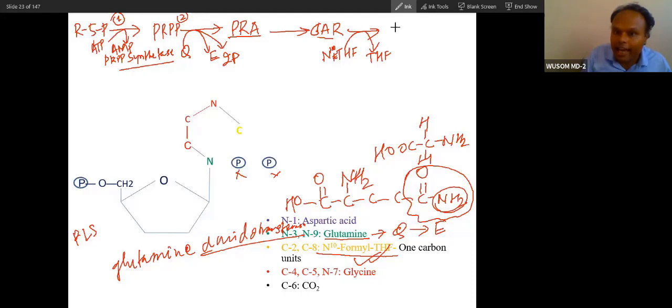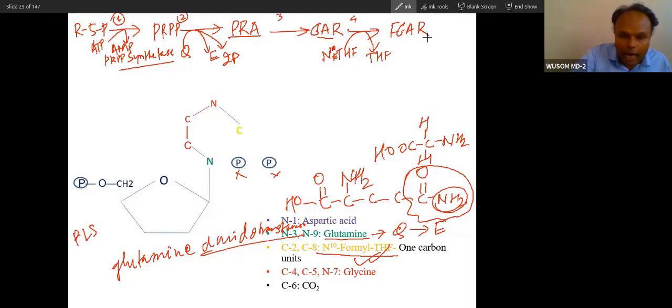This becomes formyl glycinamide ribose phosphate. The molecule name seems very large, so just remember FGAR. Now this formyl glycinamide ribose phosphate is the third product and this is the fourth step.